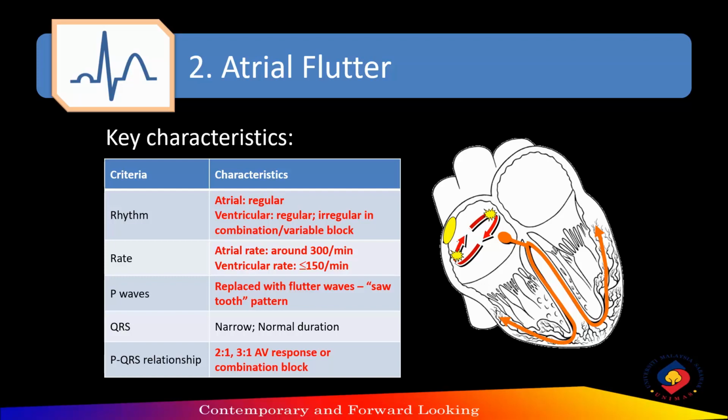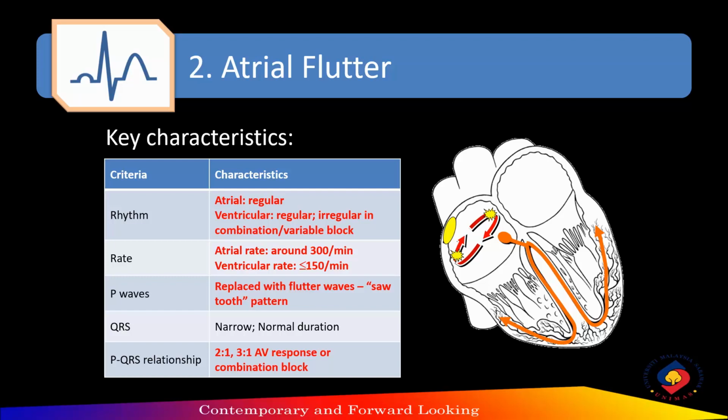We'll be looking at this in more detail in a while. Atrial rates are around 300 beats per minute, while ventricular rate is usually 150 beats per minute or less, depending on the degree of AV block. The higher the AV block, the lower the ventricular rate will be.